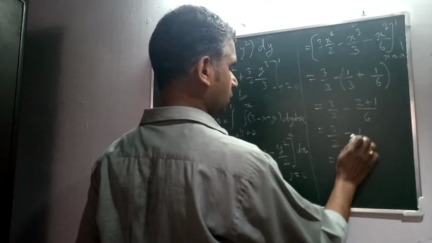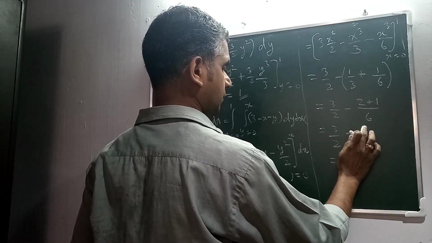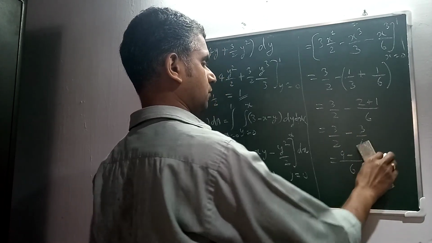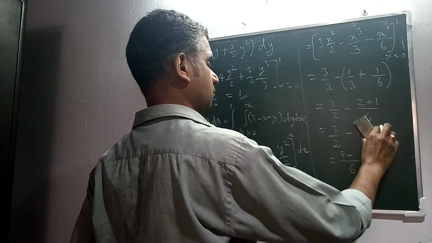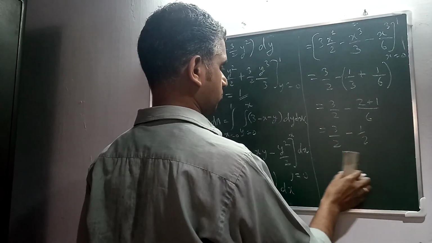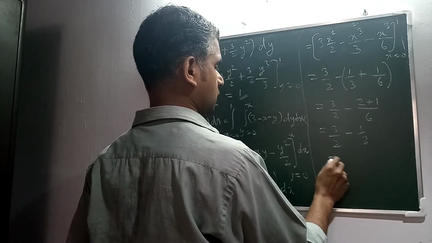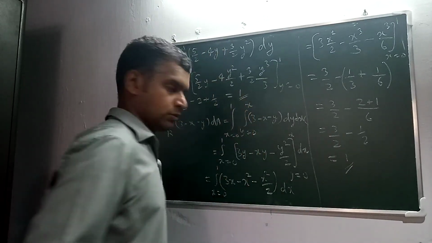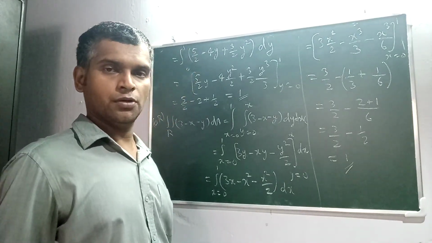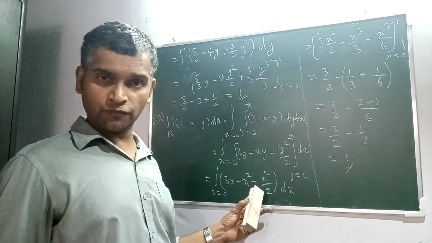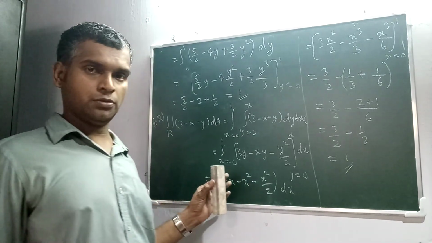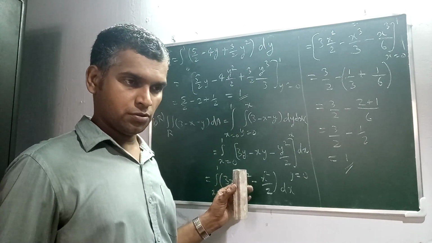So 3 by 2 minus 3 by 6. 3 by 6 means 1 by 2. So 3 by 2 minus 1 by 2 is, yes, 1. You are getting this answer. So Fubini's theorem is used in two different ways to calculate the required volume. Thank you.